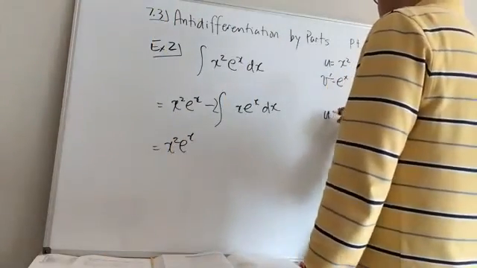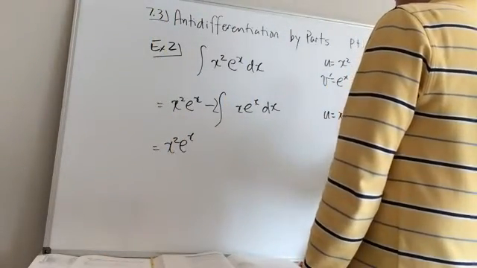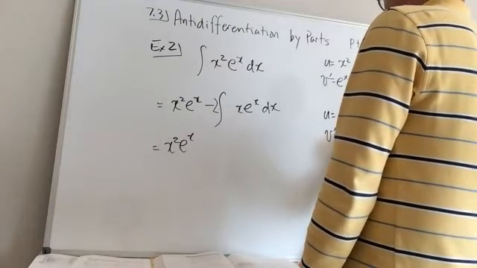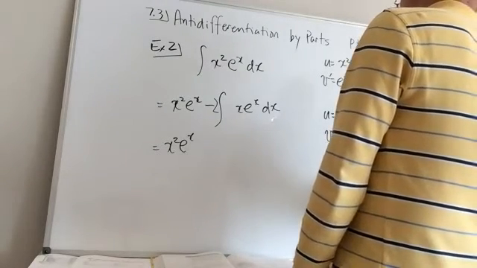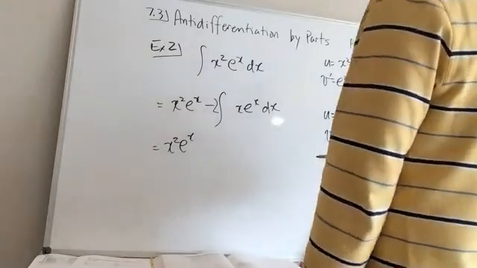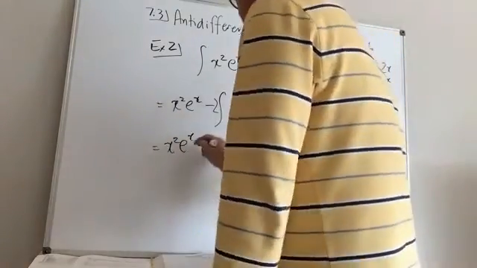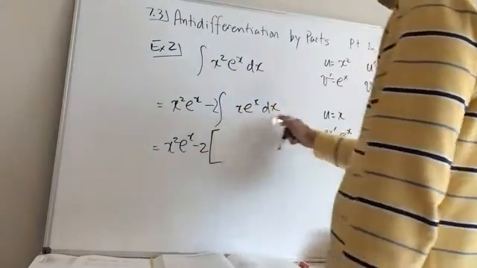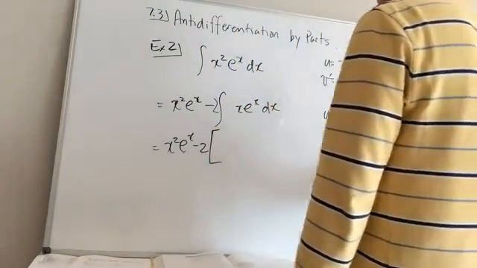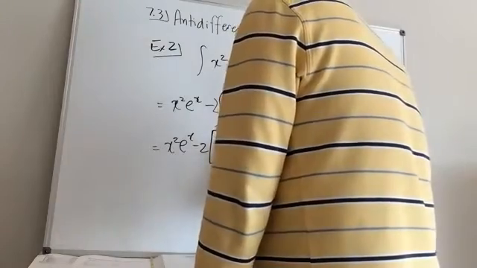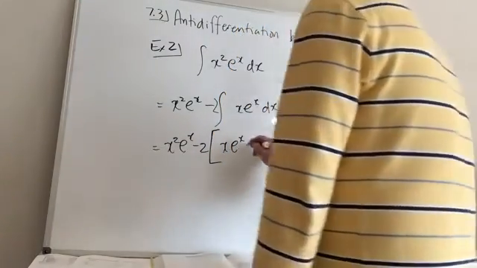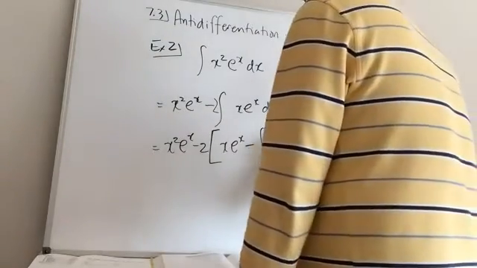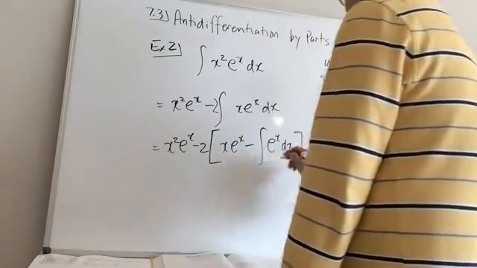Do the same thing. u is equal to x, which means that u prime is equal to 1. v prime would be equal to e to the x, where v would be equal to e to the x, right? So this guy here is going to be minus 2. Now let's look at this guy right here. I get uv, which is x e to the x, minus this guy here, which is e to the x dx.